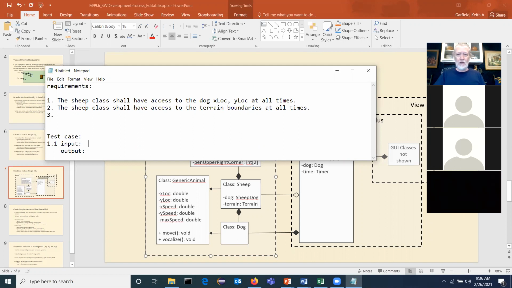How about we do this? What do I call it? Game controller.